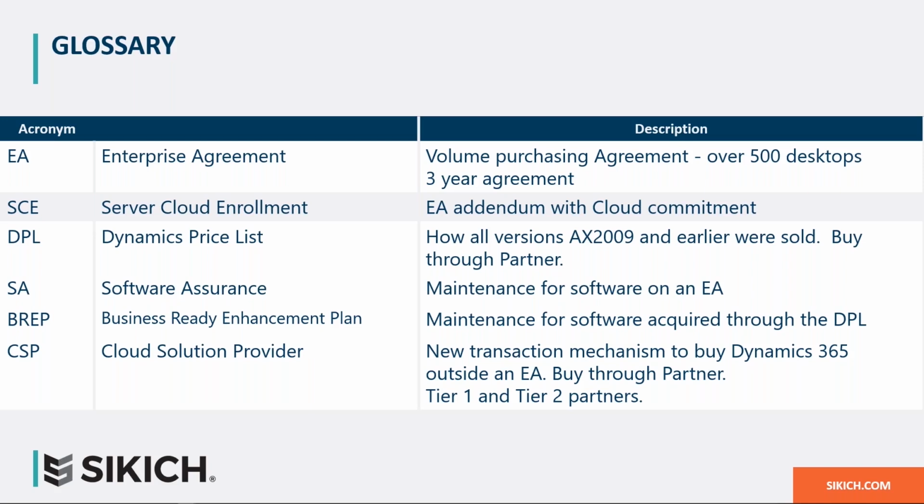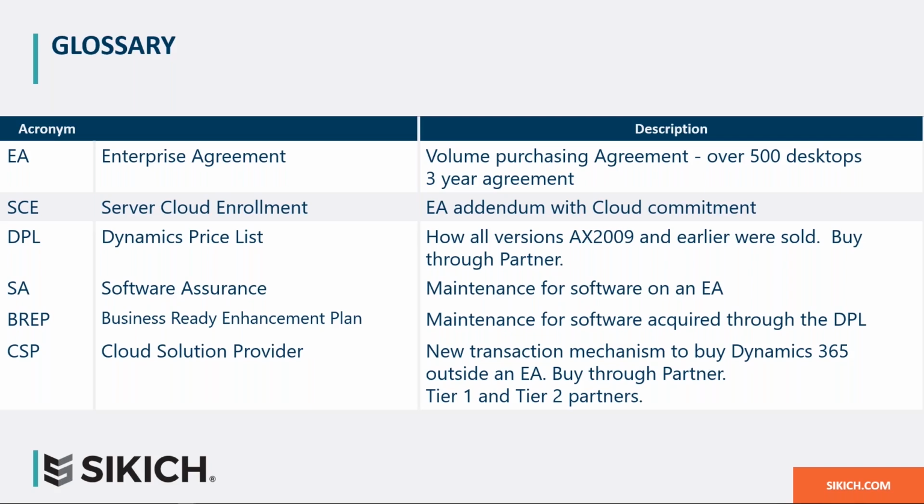An EA is a volume purchasing agreement. It's for organizations these days that need over 500 desktops, and generally they're 500 desktops running Office, Windows, etc. Now, AX used to be able to be purchased on the EA from 2012. 2009 was not available on an EA.